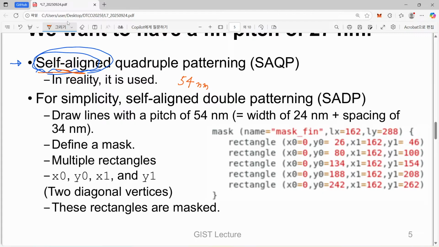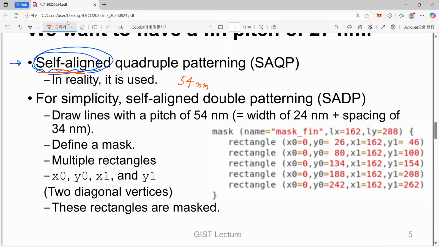Self-alignment can remove those difficulties by using only one single exposure. Then based on that pattern, we can try to make it. Also, let's go into more detail about this technique.